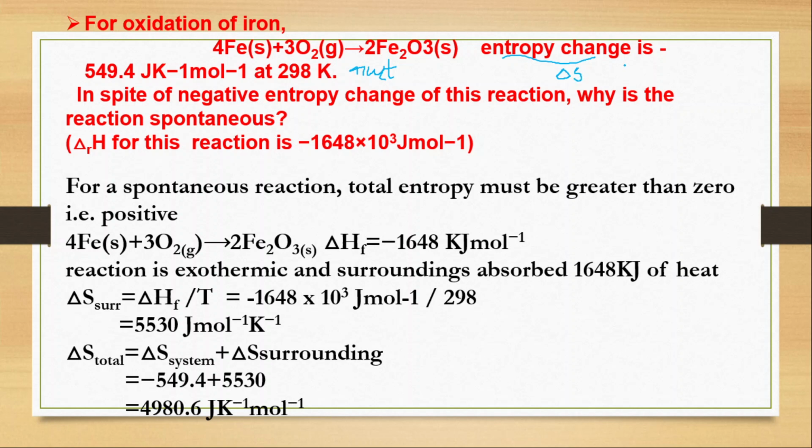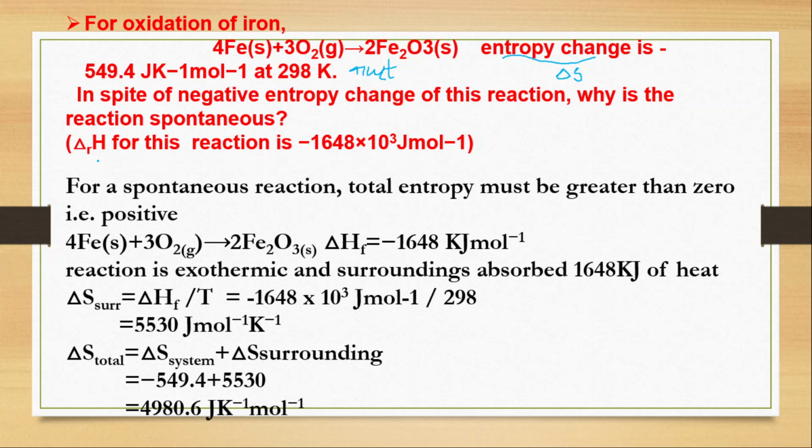Rusting is a spontaneous process, already we have studied. Even though it is slow, it takes place on its own, because of which it is called a spontaneous process. Clear? So in spite of delta S being negative, the reaction is spontaneous. Why? That is the question.